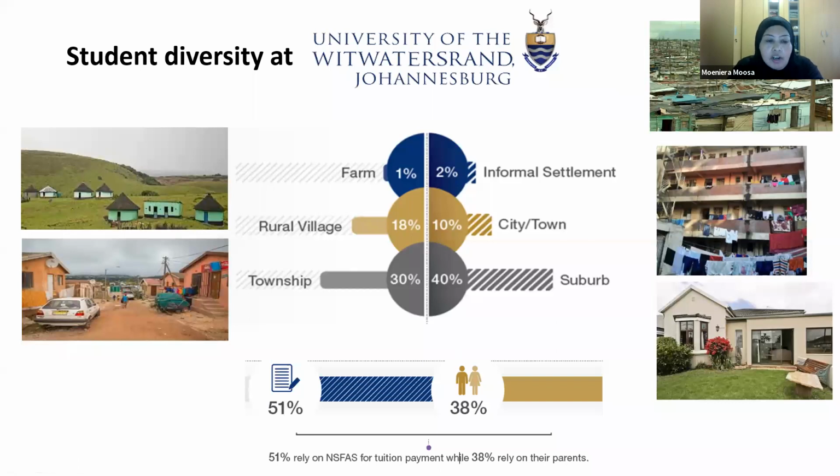So just to give you a bit of background, NSFAS is a government students' bursary fund, and it is allocated to students based on their financial needs, and their financial needs are actually determined by their families' annual incomes. Initially, NSFAS was a loan, but now it has become a bursary for students. Next slide, Lee.